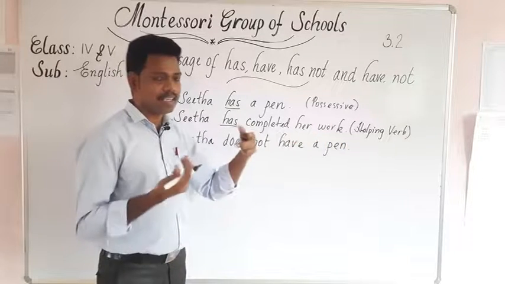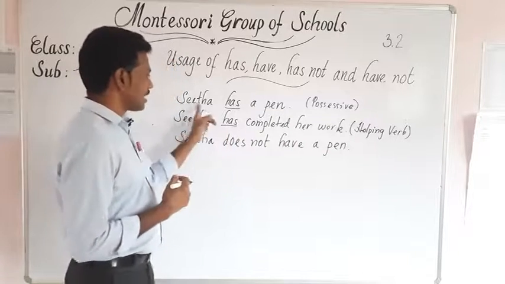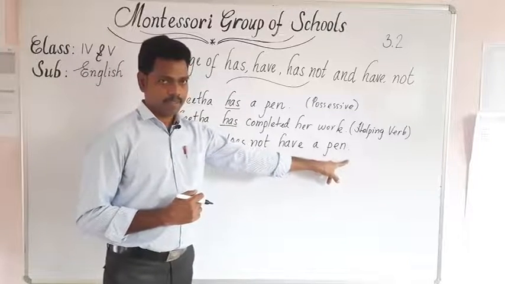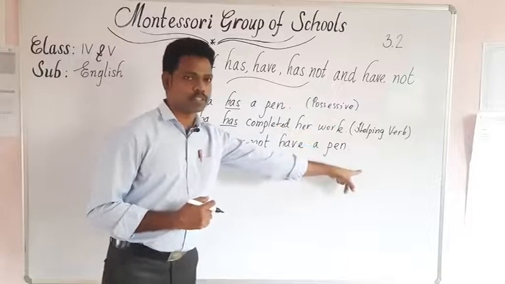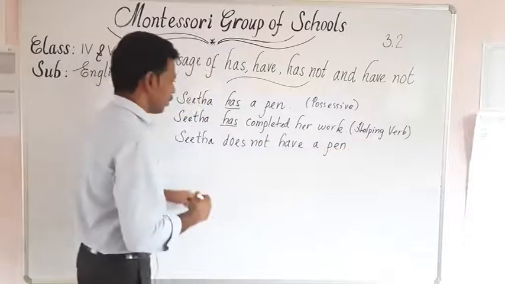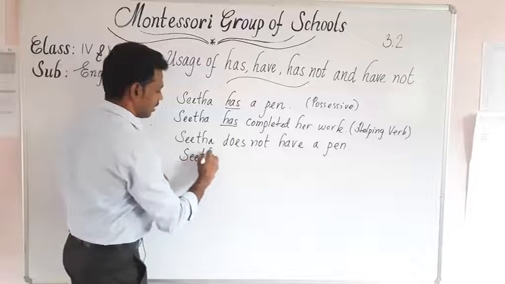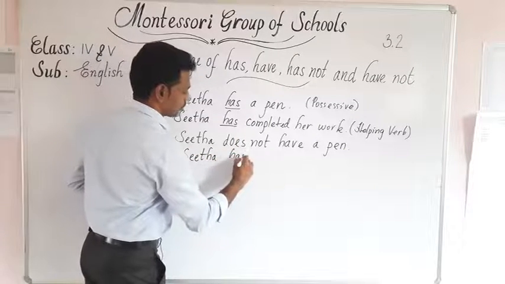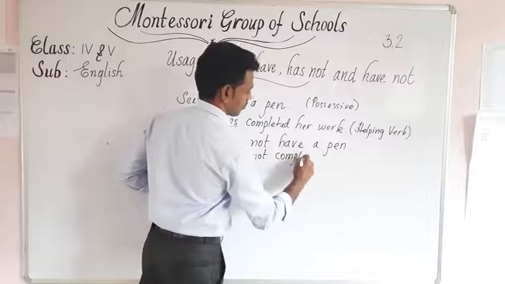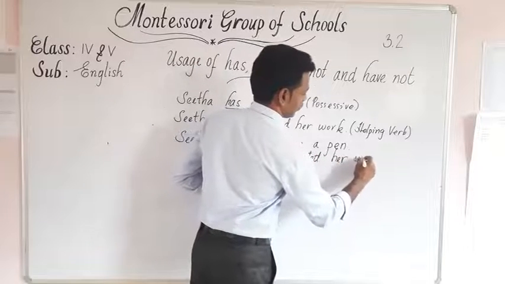Does Sita have a pen? Yes, Sita has a pen. So likewise, Sita has a pen, Sita does not have a pen. That is in case of possessive. When we change "Sita has completed her work," where has is a helping verb, we simply write "Sita has not completed her work."